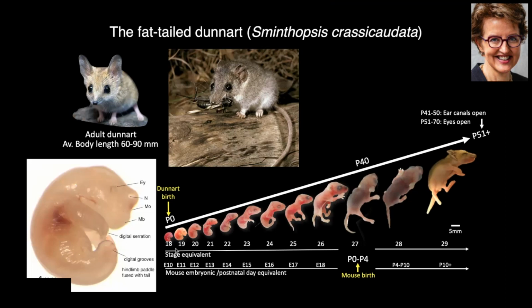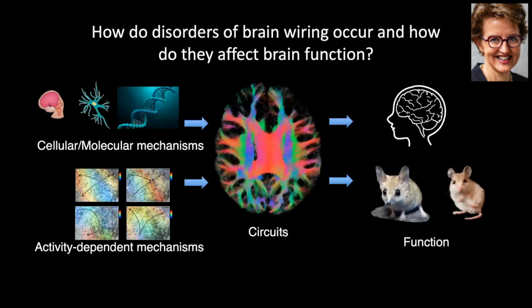So we are studying early developmental mechanisms in this animal, and also their behavior, to try and bridge our knowledge around the role of very early events in development that impact the formation of circuits, both from cellular and molecular mechanisms and activity-dependent mechanisms, and then how they affect brain function.